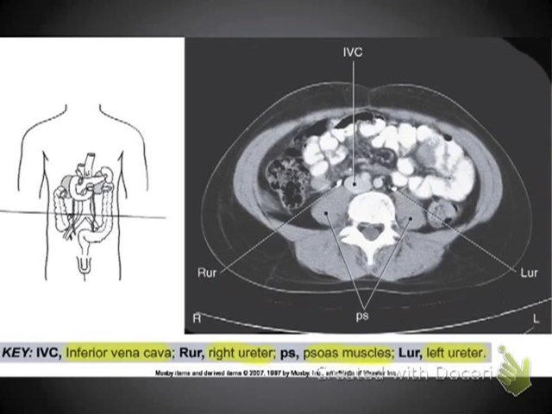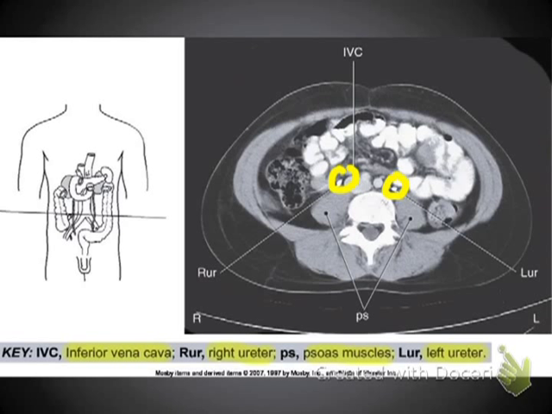But really what we're wanting to focus on is the relationship of the ureters to the psoas muscles. And so we have, once again, the psoas muscles outlined there. If I remove this outline so that we can better see, we have these 2 white dots.